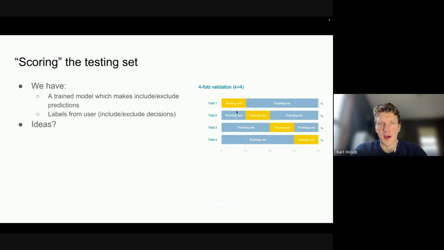Again, we have a model which makes include and exclude predictions, and we have labels from users of include or exclude decisions. Does anyone want to just throw out some ideas of how you might actually score that? So again, we have model says include or exclude, and we have a human, like our label, saying include or exclude. How might we score how well a model is performing?